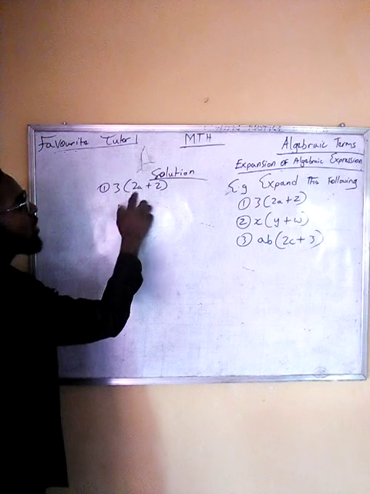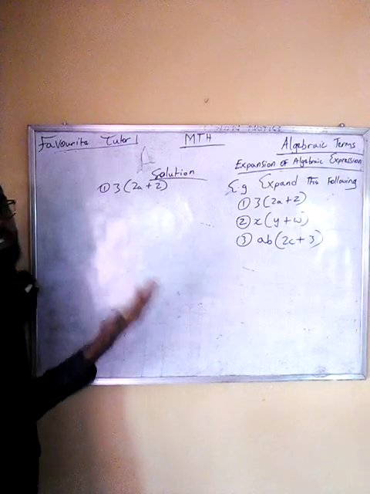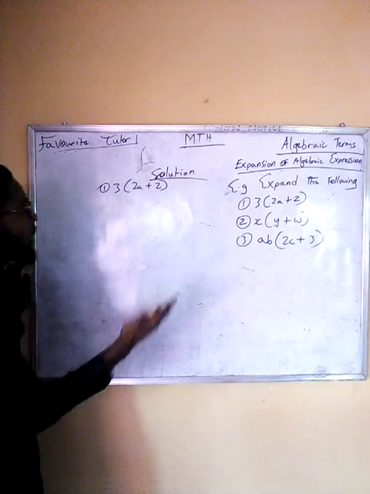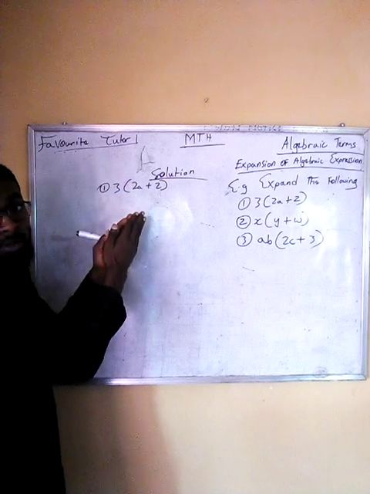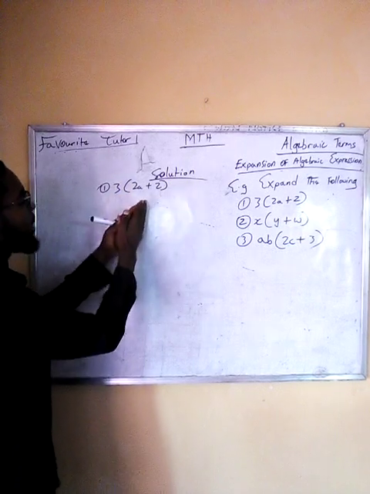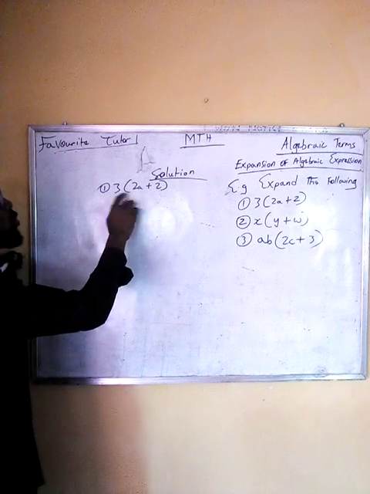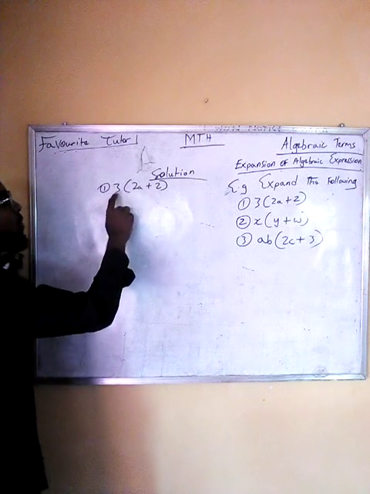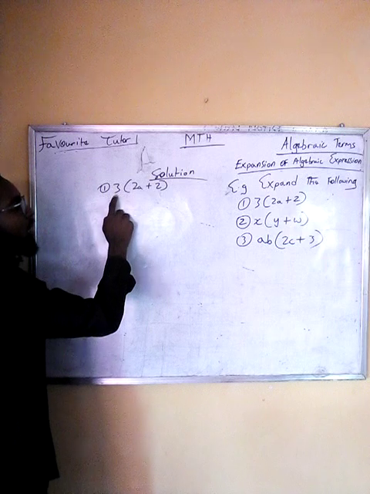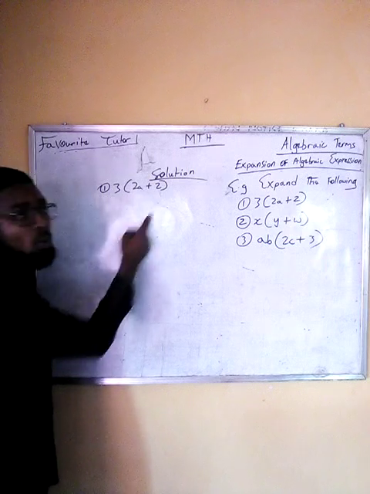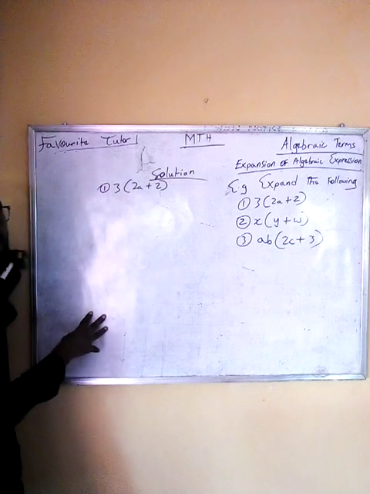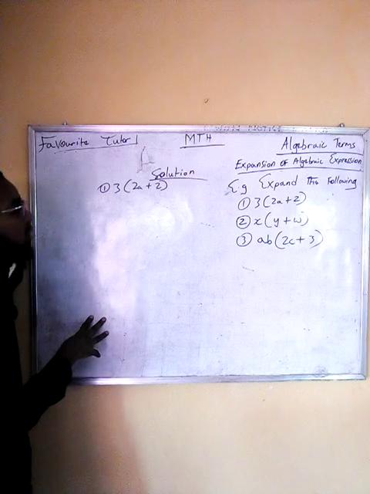Remember that they are not like terms because they don't have the same variables. So we cannot just add them up like that. Since we cannot add them up, we are going to use what is outside the bracket to multiply what is inside the bracket to open it.